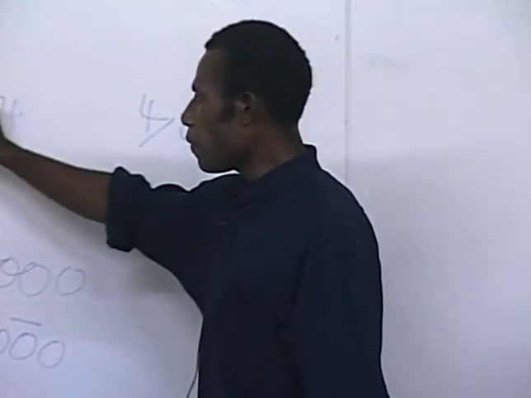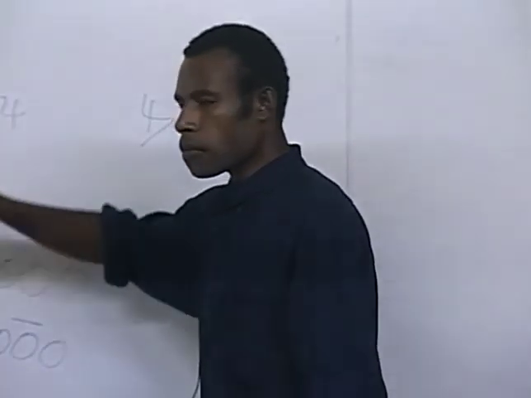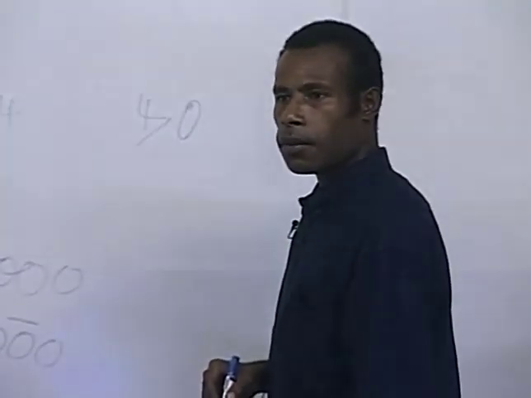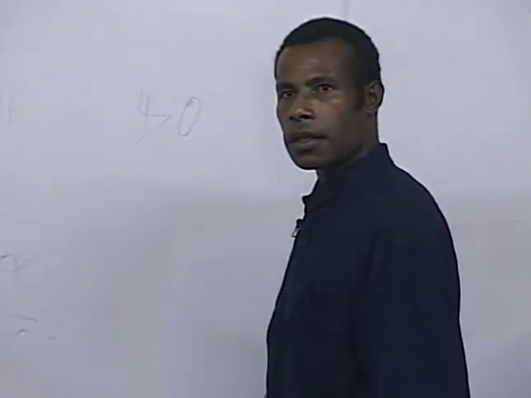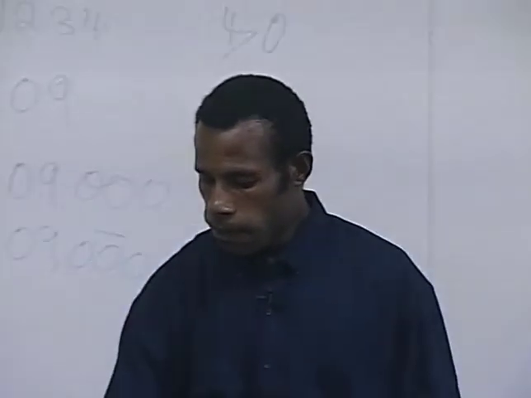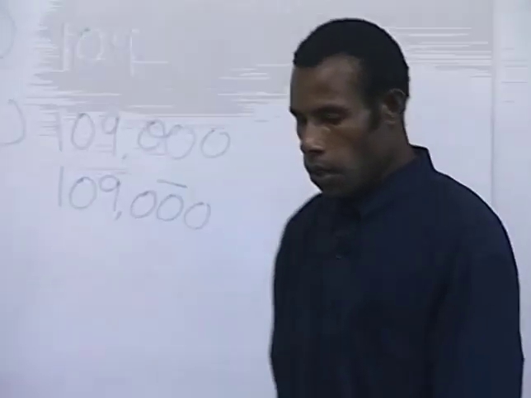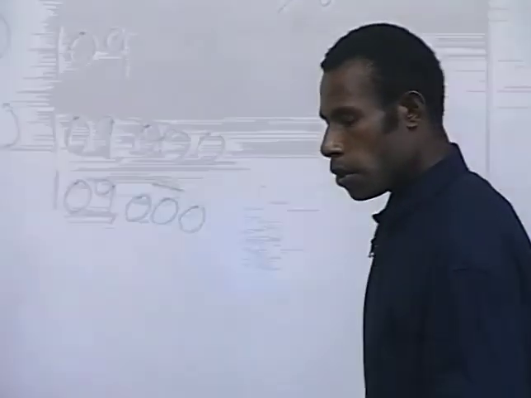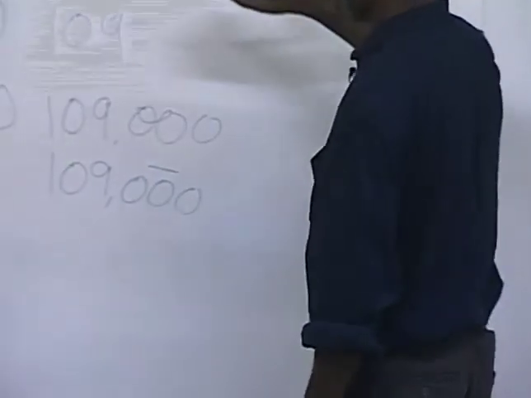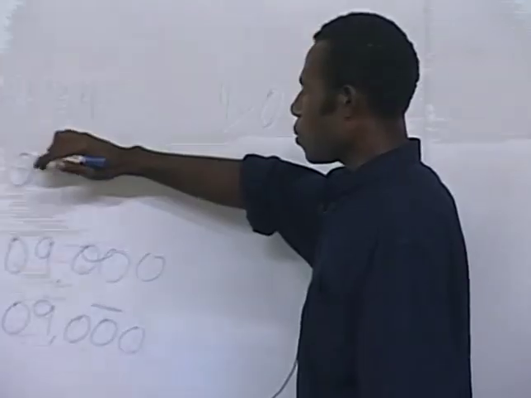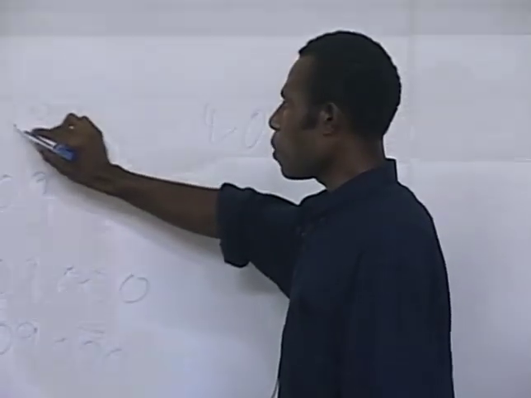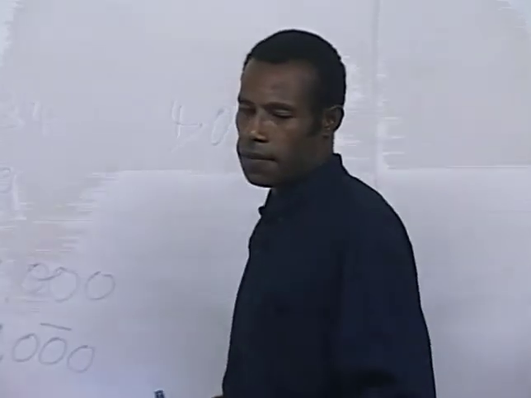All right, for the first rule, any non-zero number is a significant figure. So in this case, you find that the 1, 2, 3, and 4 are significant figures.